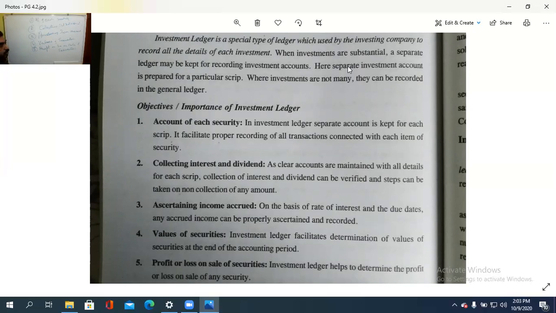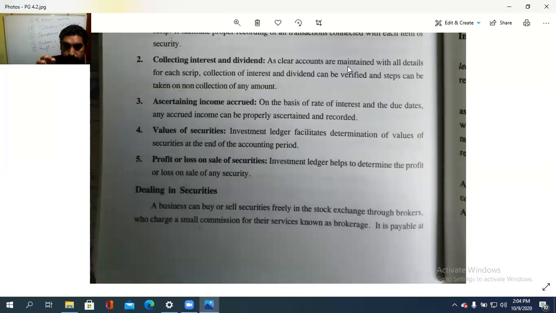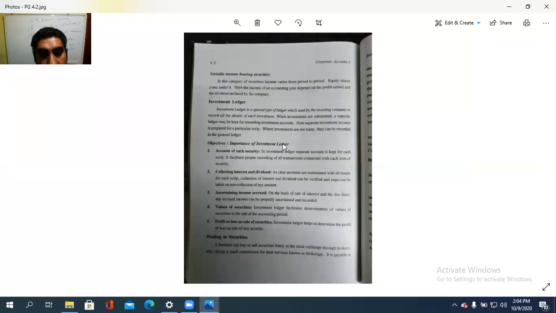Then value of the securities. The investment ledger facilitates the determination of the values of the securities at the end of the accounting period. Then profit or loss on sale of security. It helps to determine the profit or loss on the sale of any security. Yes, these are the objectives or importance of the investment ledger.